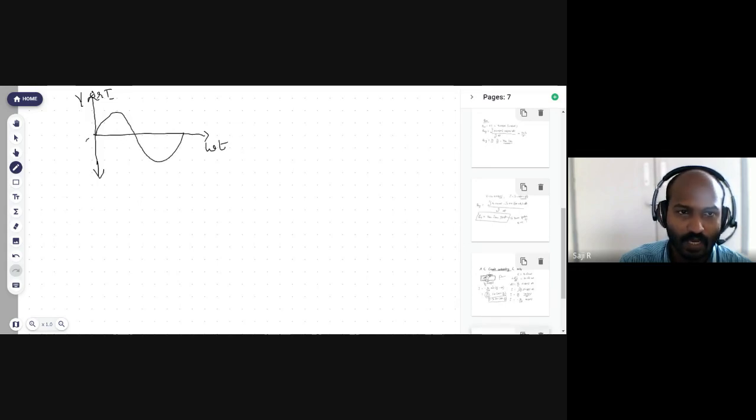This is omega t equal to 0, this is omega t equal to pi, here omega t equal to 2 pi, here omega t equal to pi by 2, and here omega t equal to 3 pi by 2. This graph implies that as time increases, voltage increases, then voltage decreases.